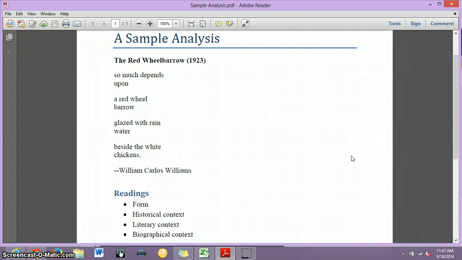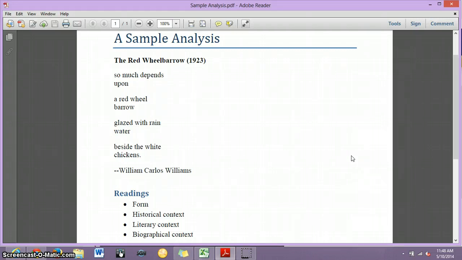So I hope this has been helpful. There are just so many ways to analyze, and I think that's one of the most difficult things about analysis, is that there's so much that you can look at. We're trying to keep it pretty specific this quarter. We're just working with some literary examples, but you could analyze an advertisement in a magazine.